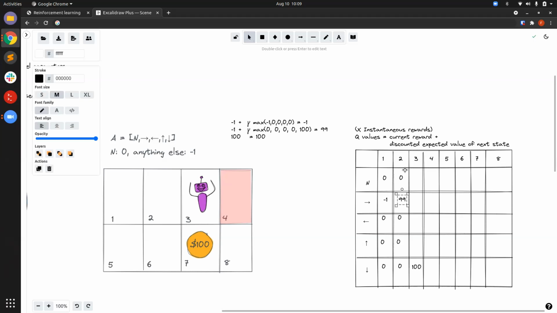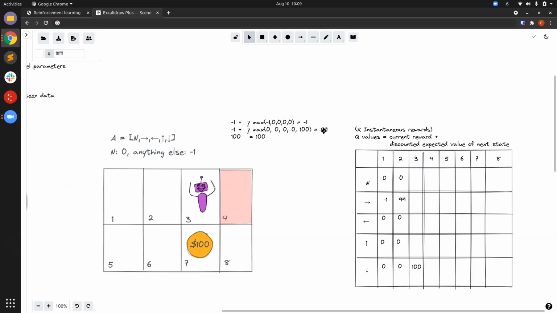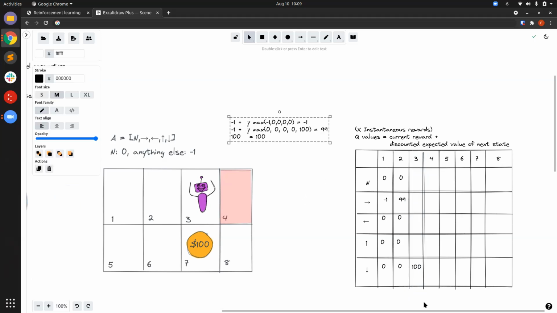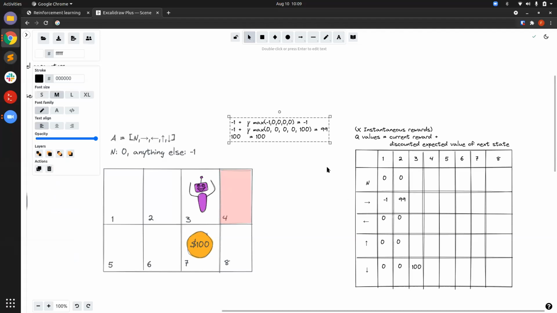So the first time I ran this, when I said, okay, go right in state 2, then as far as I knew, the value of state 3 was always 0. But now I know that there is an action in state 3 I can take that will give me reward 100. So this is actually greater.